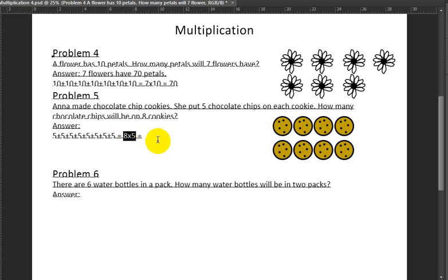So I'm going to use the 5 rule. I'm going to sing the song of 5 up until the 8th number. So I would say 5, 10, 15, 20, 25, 30, 35, 40. So it's going to be 40. And my answer should be 8 cookies will have 40 chocolate chips.